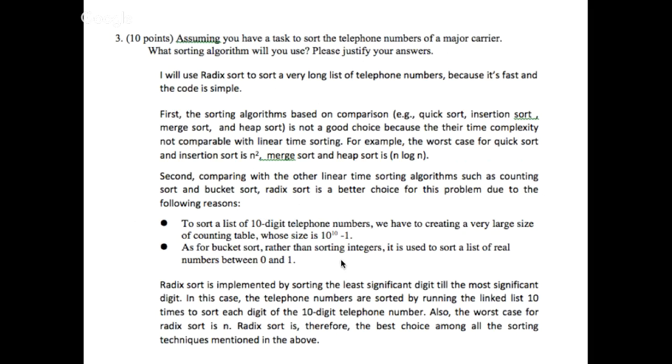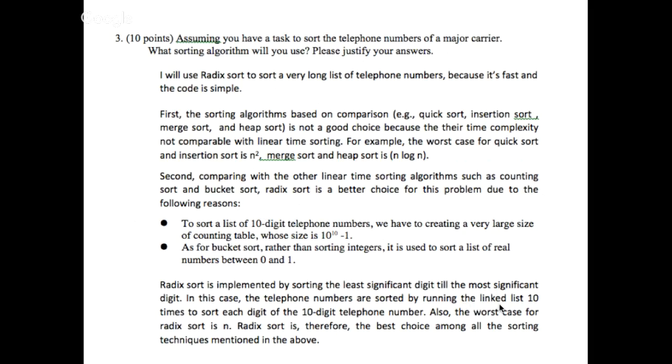And bucket sort is mainly used to sort floating point numbers ranging from 0 to 1. Therefore radix sort is the choice to sort a list of 10-digit numbers.